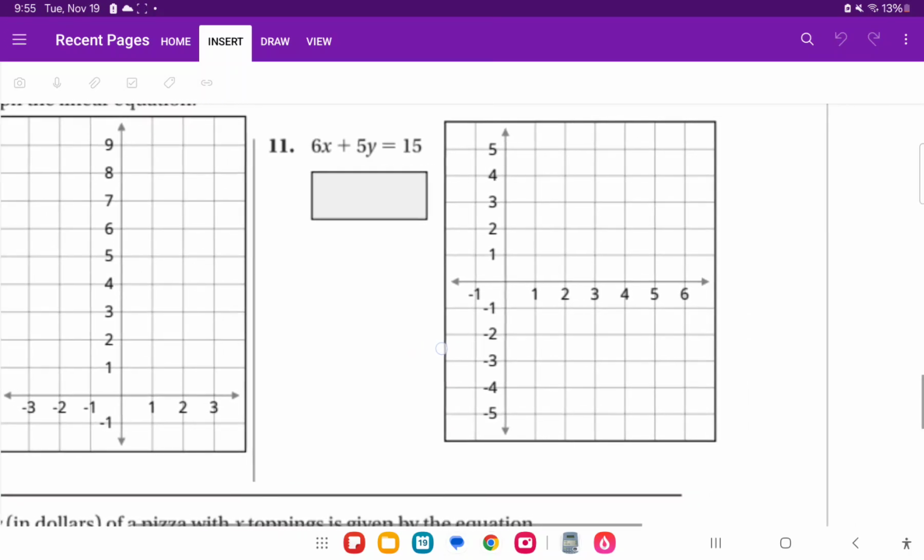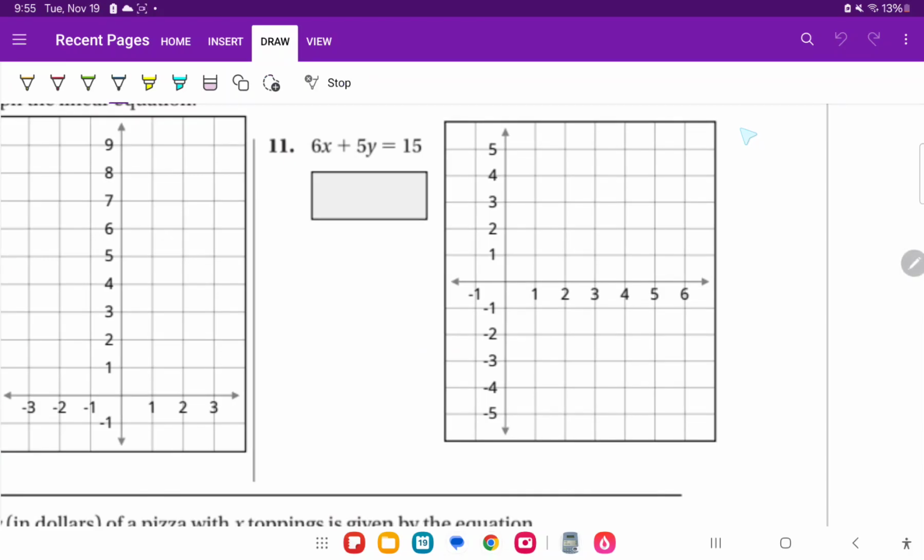So before we set up our table, we need to actually solve this, right? So if we have 6x plus 5y equals 15, we want to solve this for y. So we're going to subtract 6x like this. So that'll cancel. So over here we're left with 5y equals negative 6x plus 15.